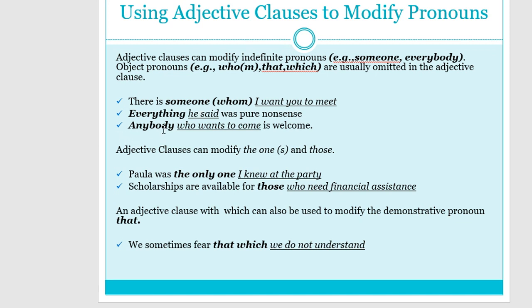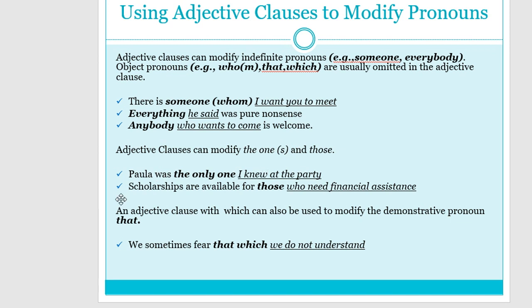Another example, anybody wants to come is welcome. Or you can keep who in the same condition, but if you omit who, there is no problem. And another point here, we can modify the one. Paula was the only one I knew at the party.